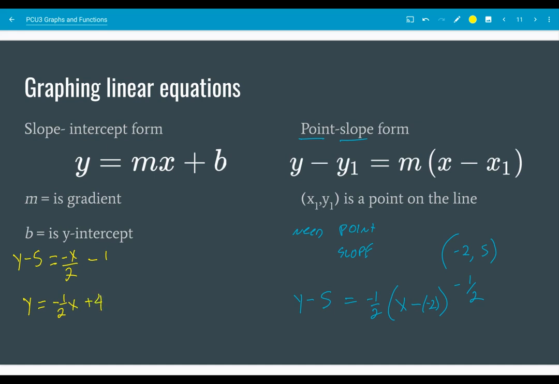So all I did here was I moved my 5 over, rearranged, and now you see we have slope-intercept form, where m is equal to negative 1/2 and b is equal to 4. And 4 is our y-intercept.